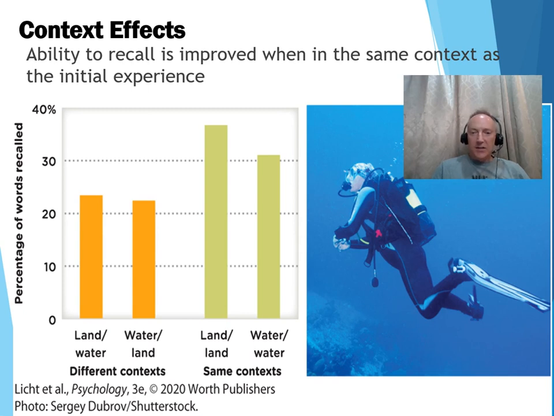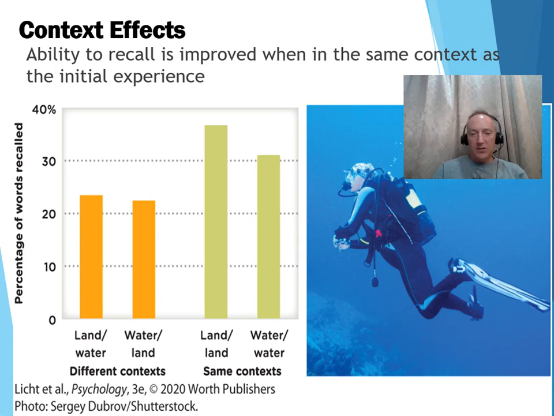And the different experimental conditions played with the contexts. So in some experimental conditions, the contexts matched up. They learned the words on land, they were tested and made to retrieve the words on land, or they learned the words underwater and were made to retrieve the words underwater.